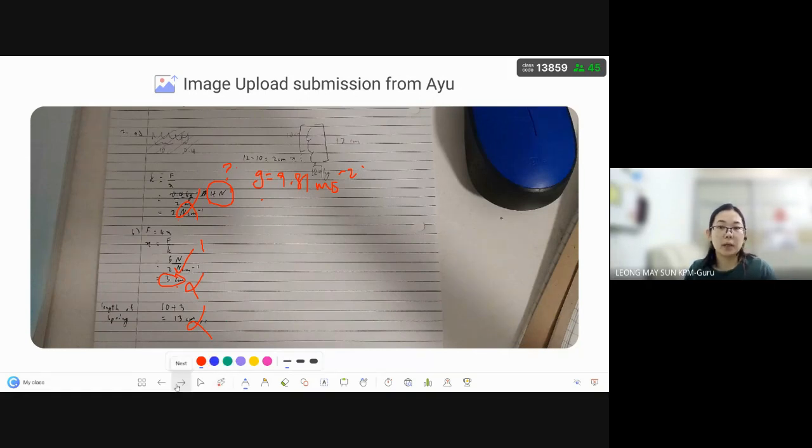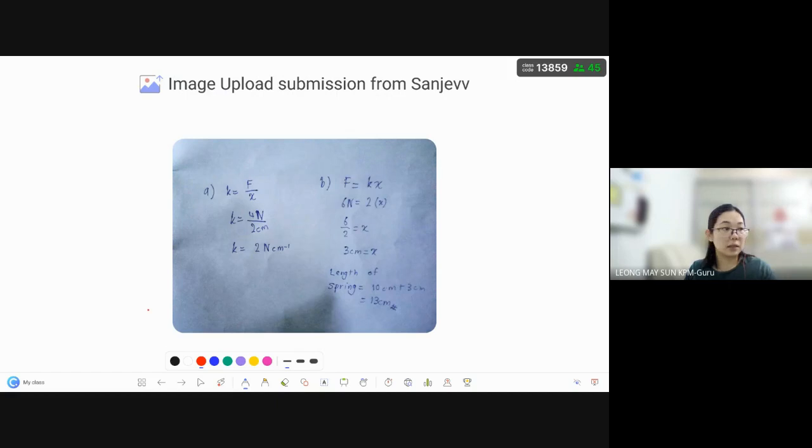Error carry forward, only the substitution part you will get marks, but the answer and unit part you will get wrong. Okay. Last, I think Sanjay's one is the last before I want to proceed already. K again, Sanjay, wrong. Here wrong, but substitute over here correct. The force is supposed to be the weight. The weight is supposed to be mg.